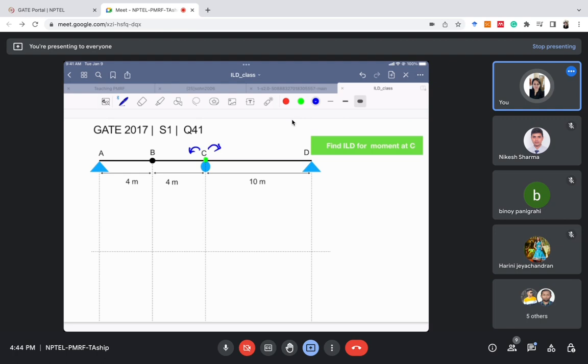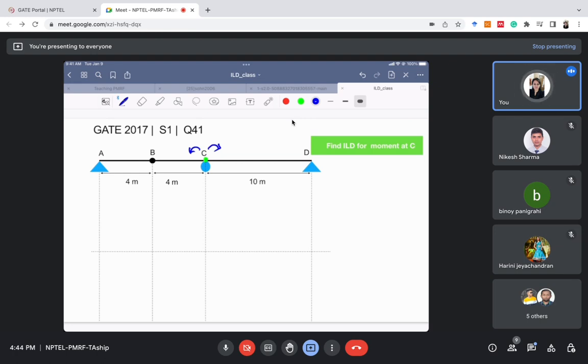This is a very important point. Please keep that in mind. I'll repeat again. If any part of the ILD for a determinate beam is coming out to be a curved line, it means that ILD does not exist for that particular point.